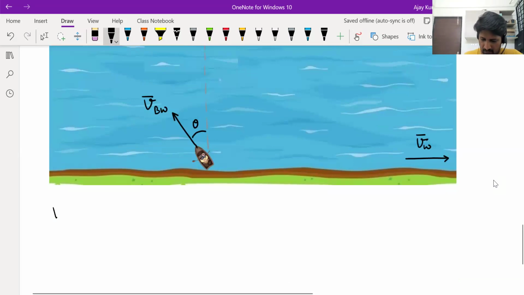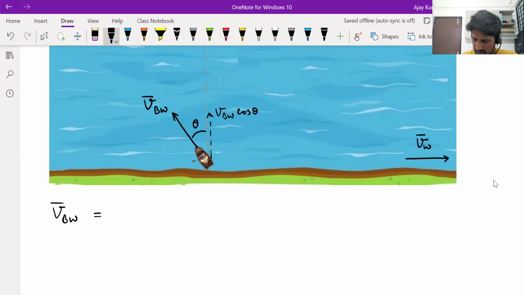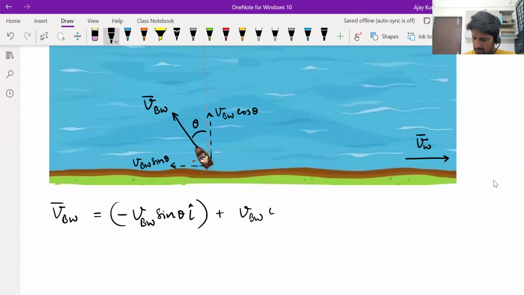So we can write the velocity of boat with respect to water in terms of i cap, j cap. The y component will be VBW cos theta, because theta is with the y-axis. And the x component will be VBW sin theta, but it's to the left, so you write it as minus VBW sin theta i cap plus VBW cos theta j cap.